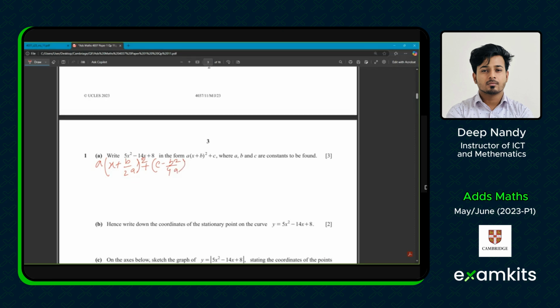From the equation above, we are going to find the values of a, b, and c from the quadratic equation 5x square minus 14x plus 8 equals 0. We know the standard quadratic form is ax square plus bx plus c equals 0. So here a equals 5, b equals minus 14, c equals 8.